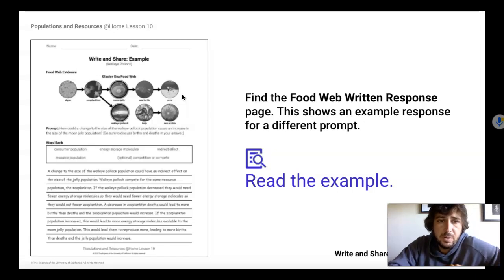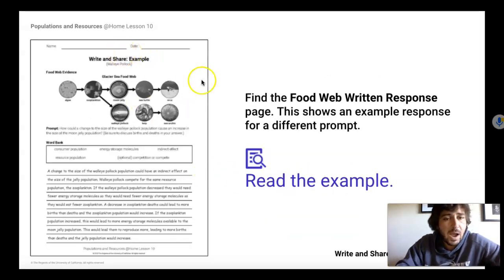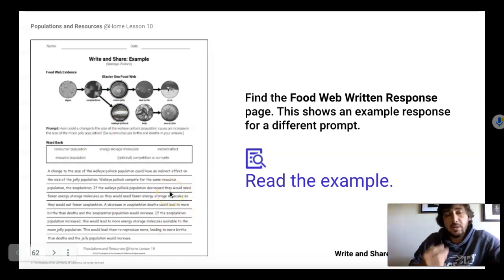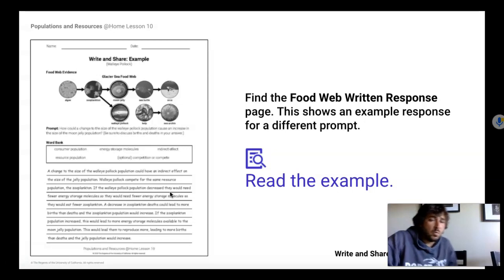And in your workbook, it's going to specifically ask you about how you can change the jelly population, increasing the jelly population by changing the walleye pollock population. So what I want you to do here is write about that. You're going to spend the last 20 minutes of class writing about that.